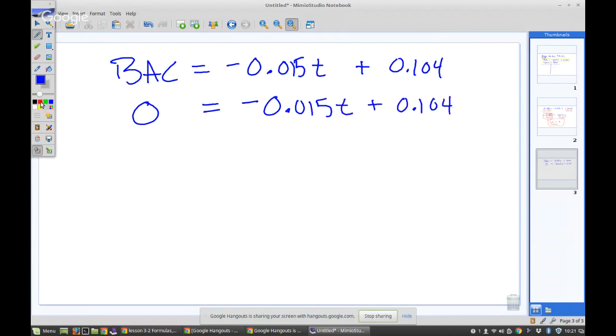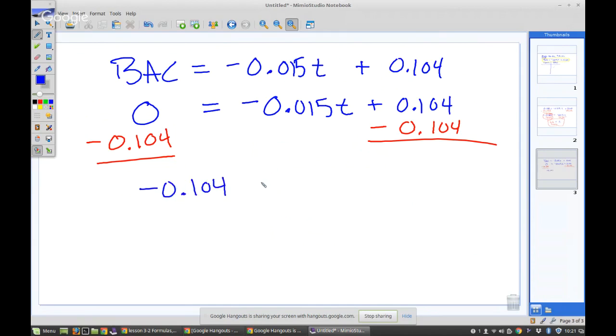So like before, first thing we'll do is subtract that constant part, the initial blood alcohol level. Cancels that out on the right. On the left, 0 minus something is that something. So that's going to give me negative 0.104 equals negative 0.015 t, and then we do our division.